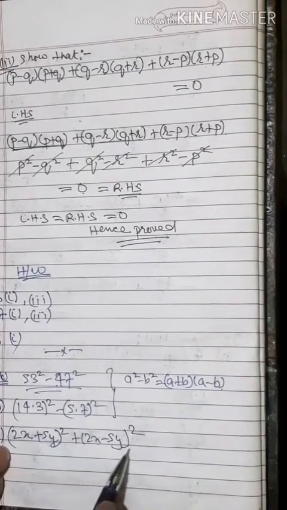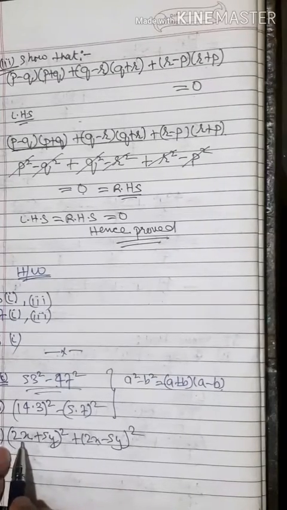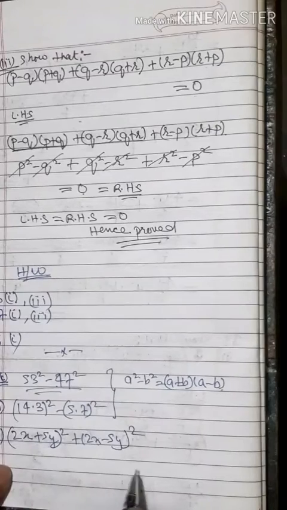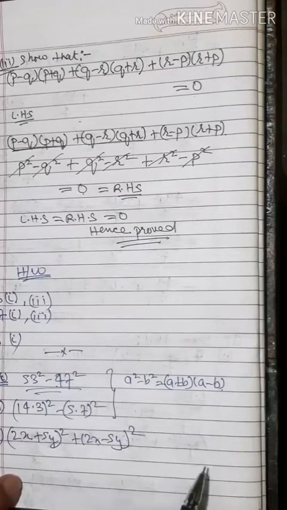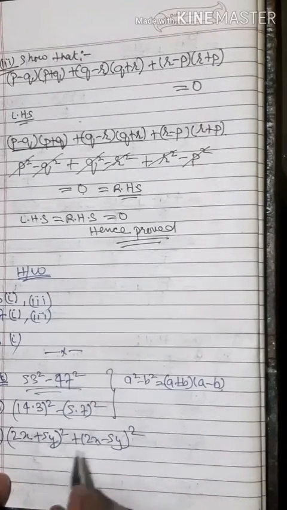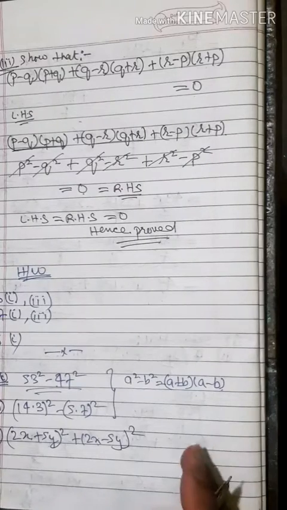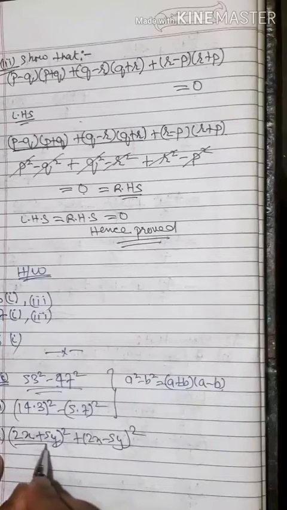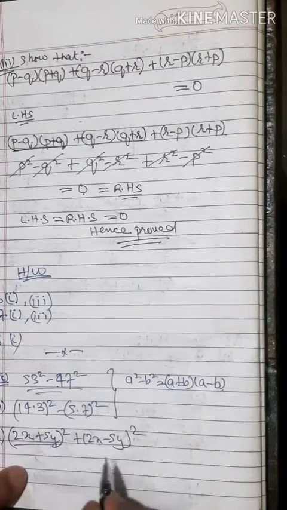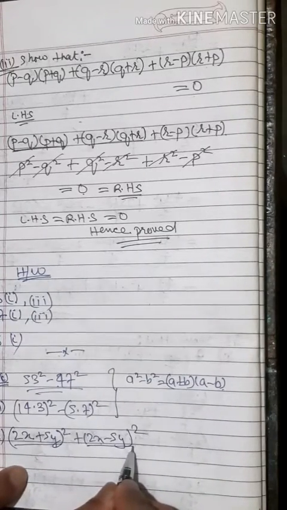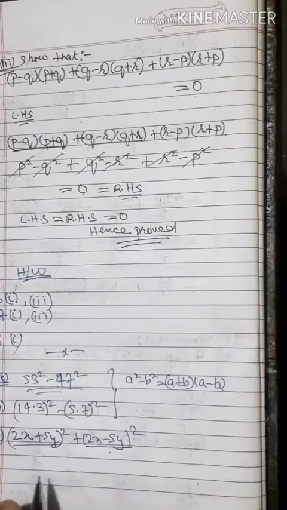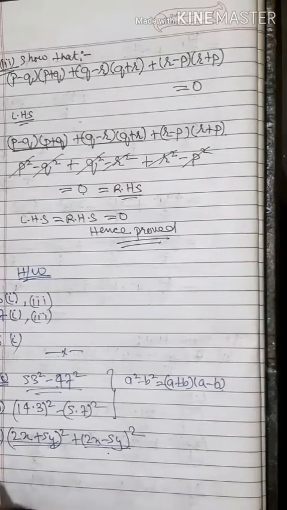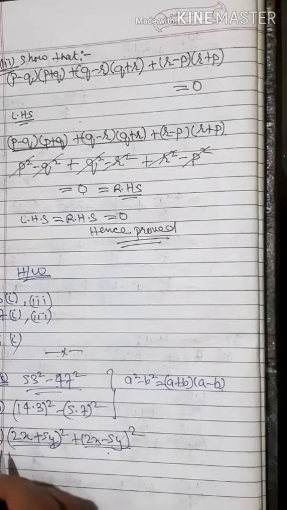Take the formula for a plus b whole square and expand this, then a minus b whole square and expand this, and see what terms will cancel out. Whatever is remaining will be your simplified answer. Some of the terms will get cancelled, so whatever you are left with will be your answer.